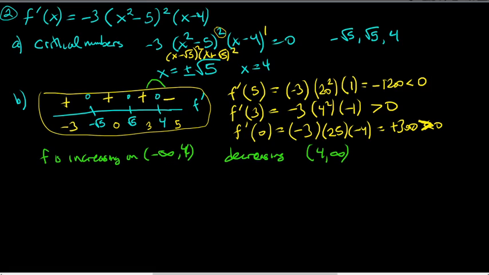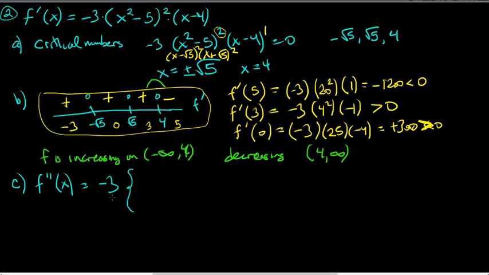Anyways, part C is the second derivative, and for the second derivative, you have to take the derivative of the first derivative. A lot of you multiplied this out, and while that's okay, you really should know the product rule. This is a triple product: -3 times (x squared minus 5) squared times (x minus 4), but the -3 is a constant, right?